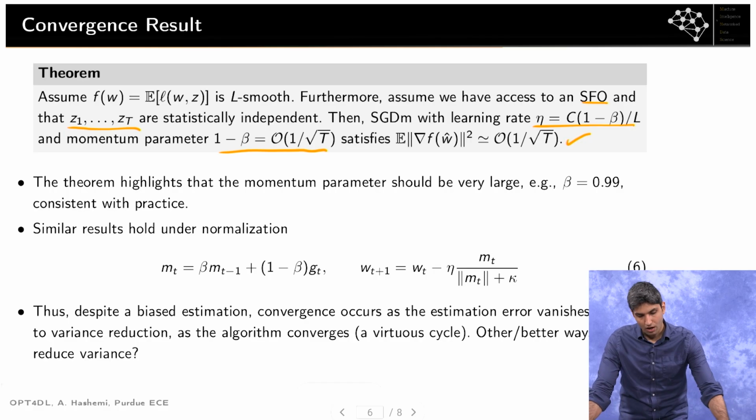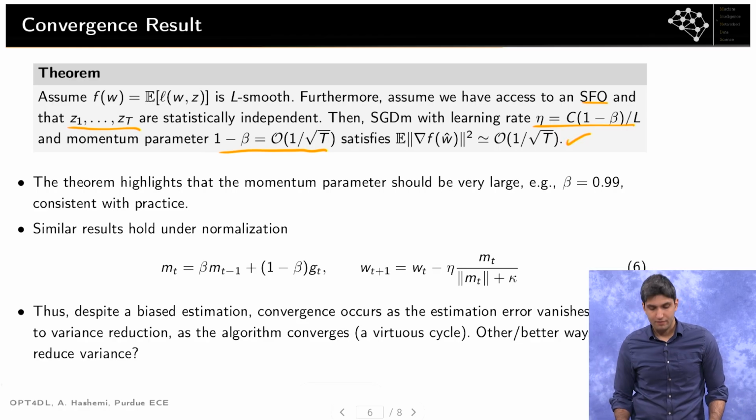So, unfortunately, we cannot, in general, improve upon the stochastic gradient descent rate when we are talking about SGD with momentum. There are special cases where SGD with momentum could actually provably improve upon stochastic gradient descent, but not in general.